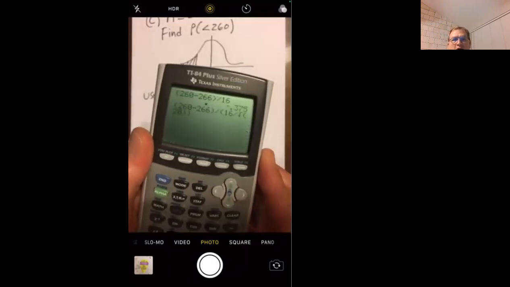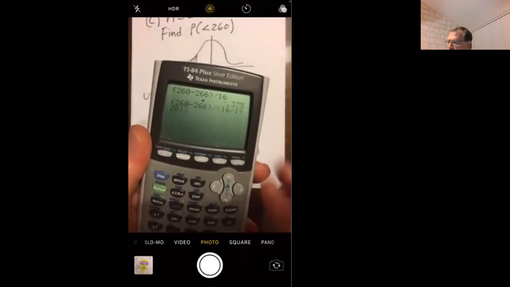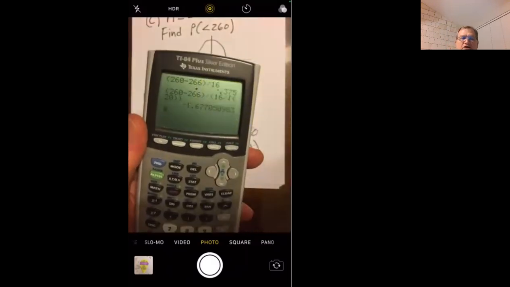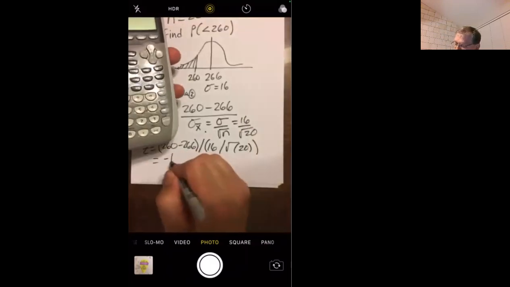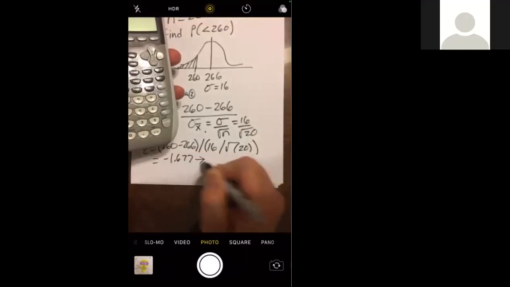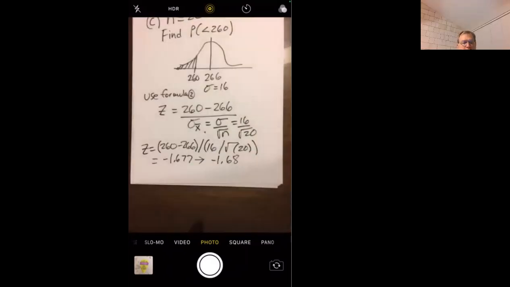You pause. I think everything is matched. Hit enter, and the standard deviation changes to negative 1.677. We'll call it negative 1.68.